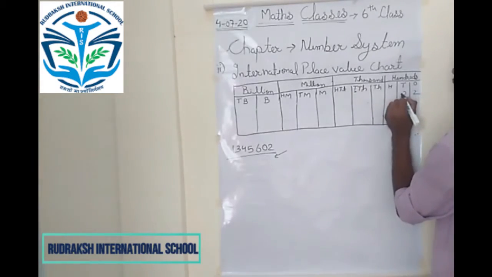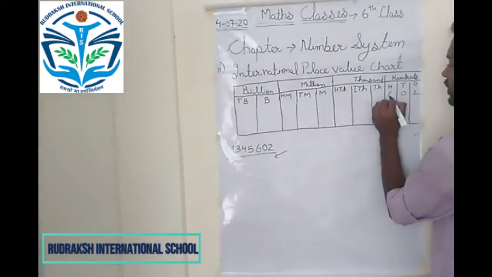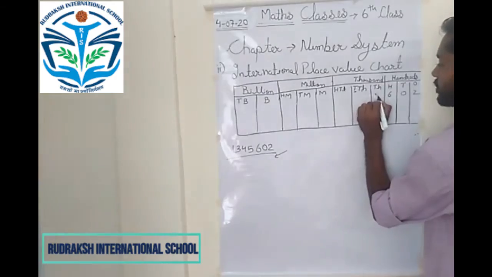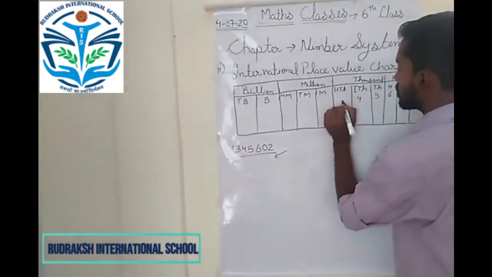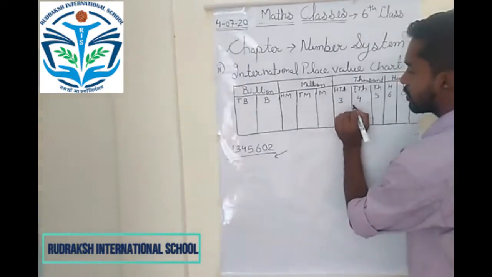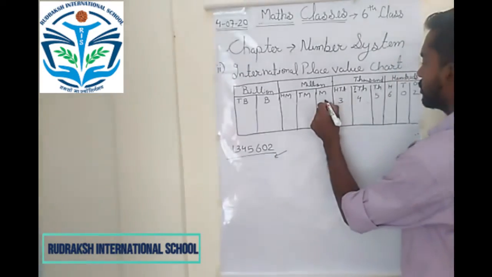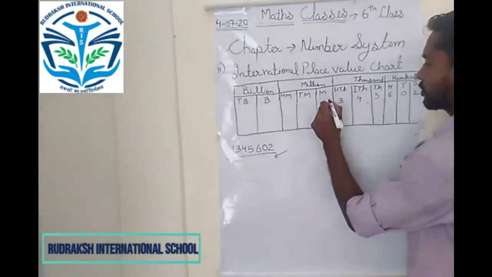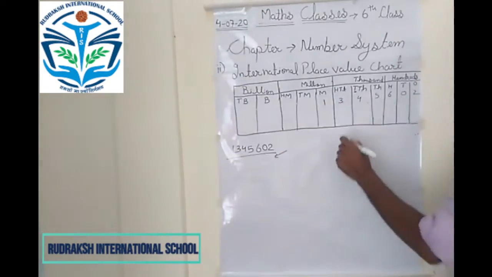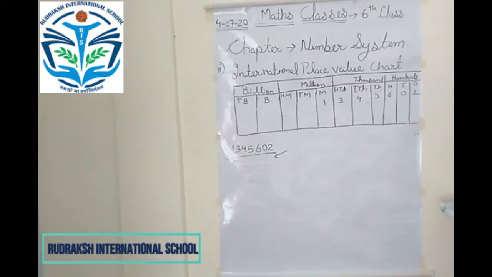Next number is 0, so it will come here. 6, 5, 4, 3, and 1. So here we have arranged all the numbers in the table.